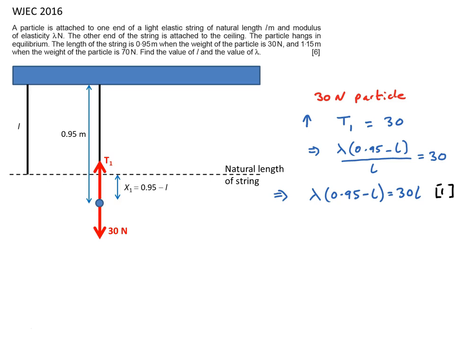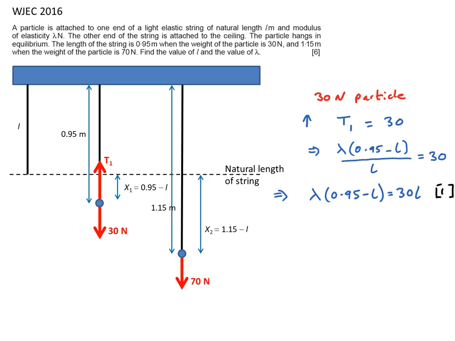We now carry out a similar analysis on the situation when we have the 70 Newton particle hanging from the string. In this case, the total length of the string is 1.15 meters, so the extension in this case is 1.15 minus L. Again, we have a weight of 70 newtons and a tension.